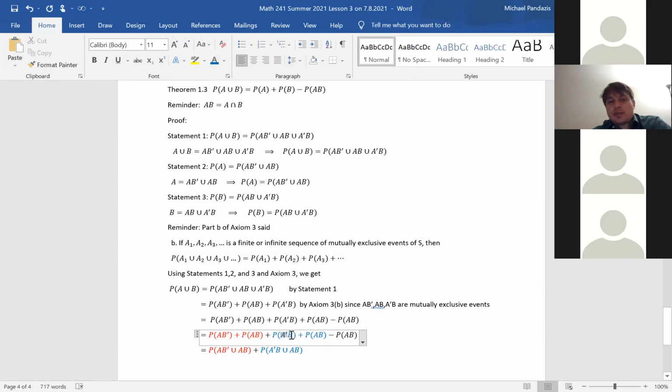Right, these two events, A prime B and AB, are mutually exclusive. And so the probability of the union is the sum of their probabilities.